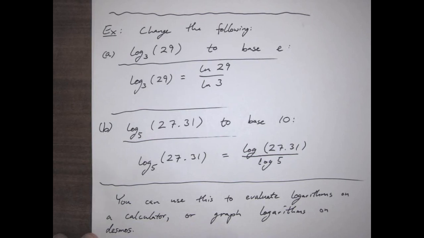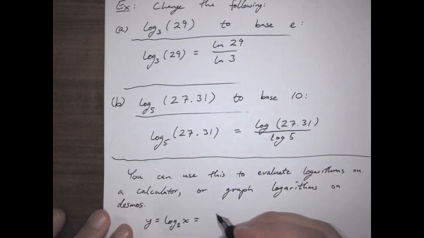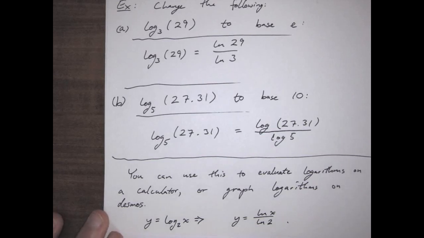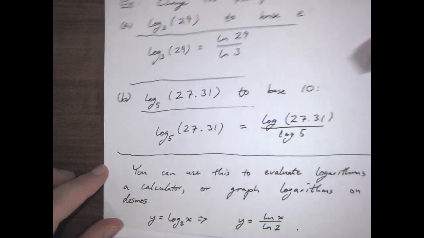So, for example, if you wanted to do y equals log base 2 of x, that would be the same thing as y equals ln x over ln 2. So this is the connection between all different kinds of logarithms. But one last example of this, and then we'll go ahead and call it a section.